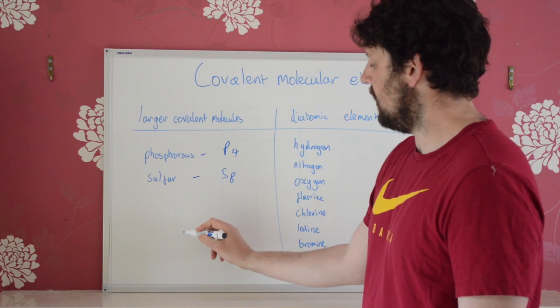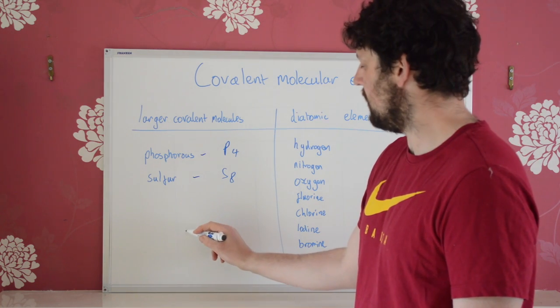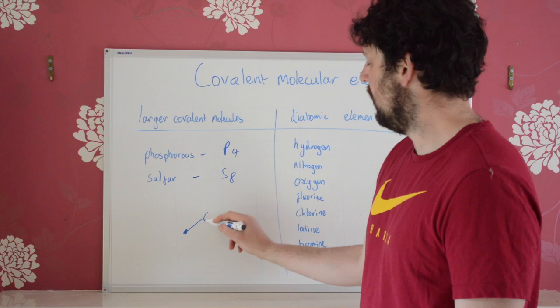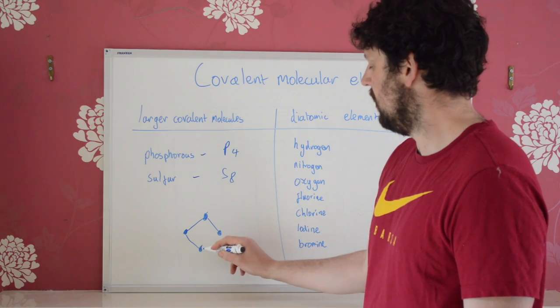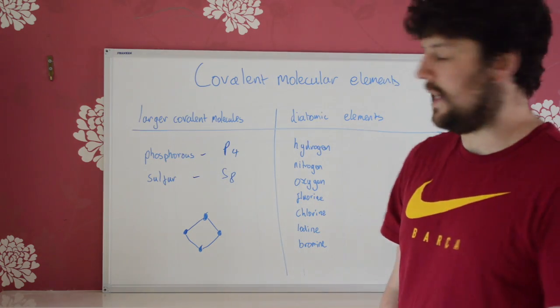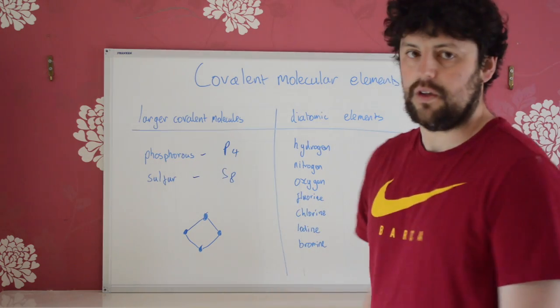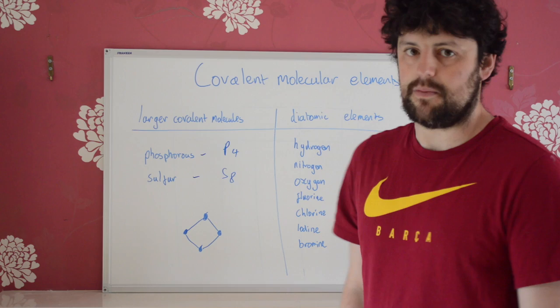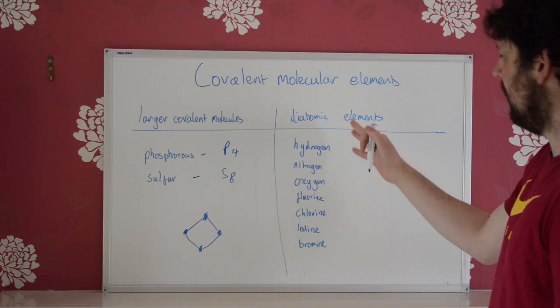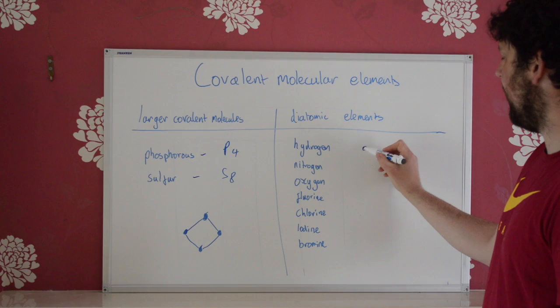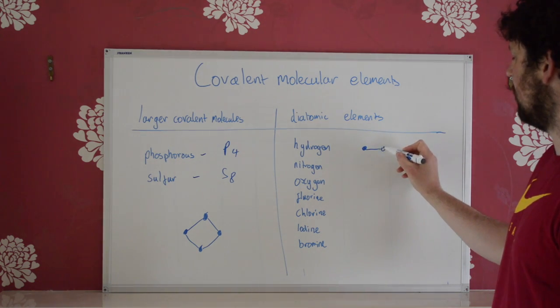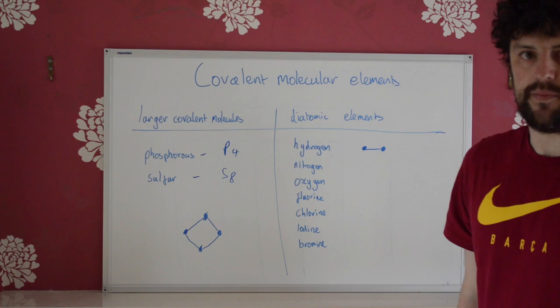So what that means is a phosphorus molecule is made up of 4 phosphorus atoms joined together. And obviously a sulfur molecule is made up of 8 sulfur atoms joined together. The diatomic elements, the 7 of them, are all made up of 2 atoms joined together by covalent bonds.